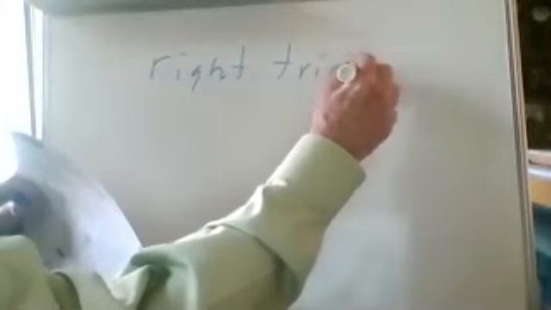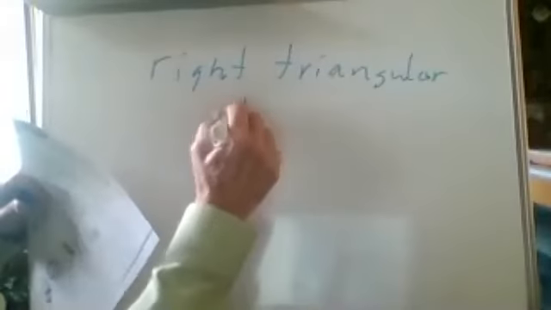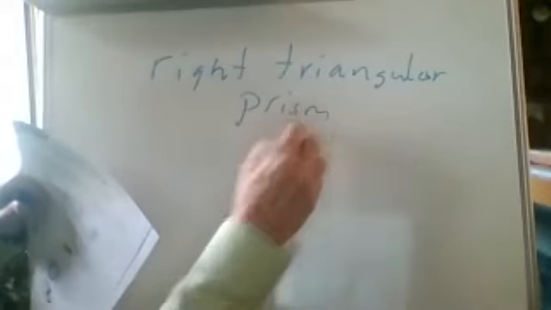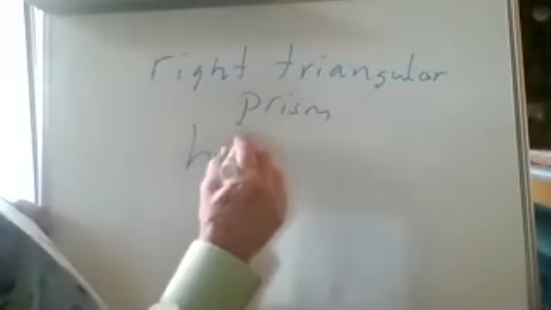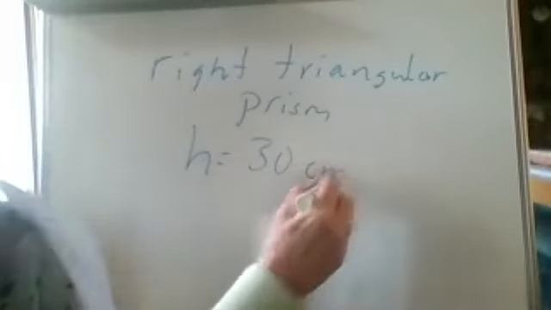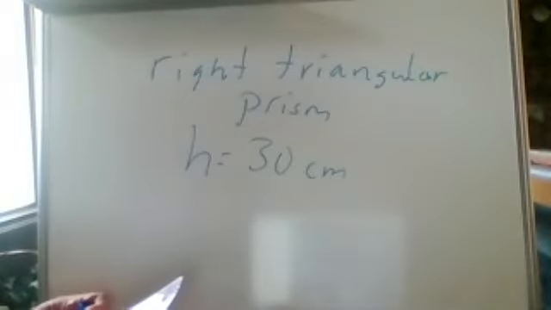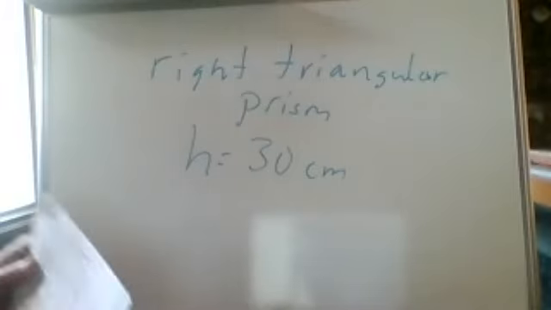The first question, I give you a right triangular prism, okay? A right triangular prism has a height of 30 centimeters and has a right triangular base.